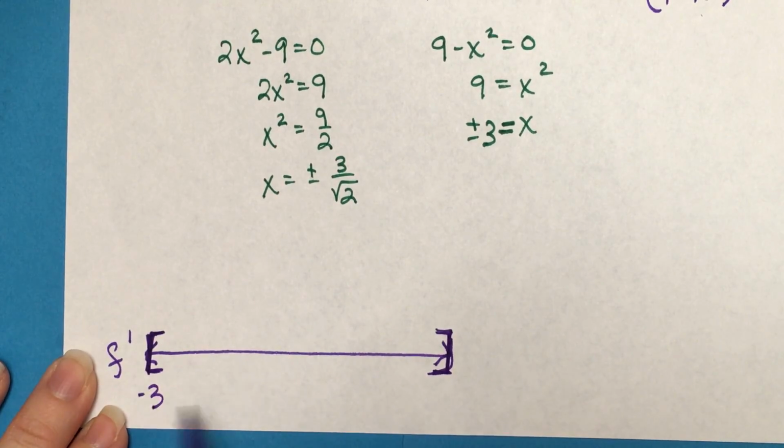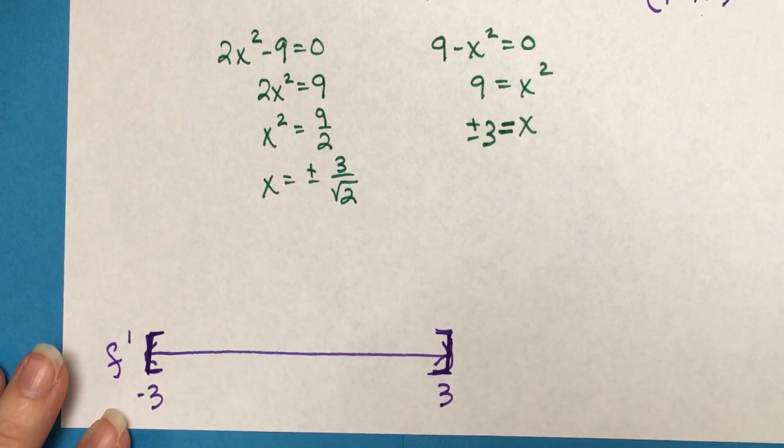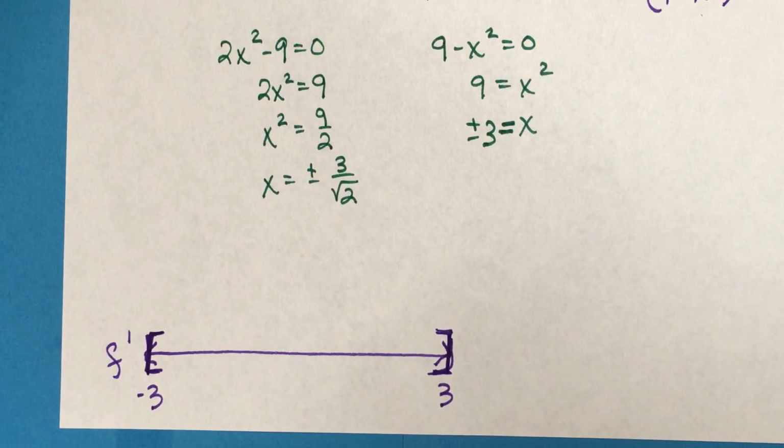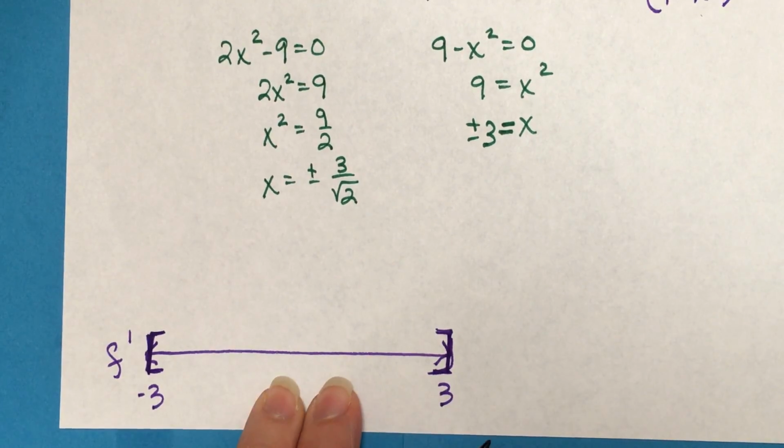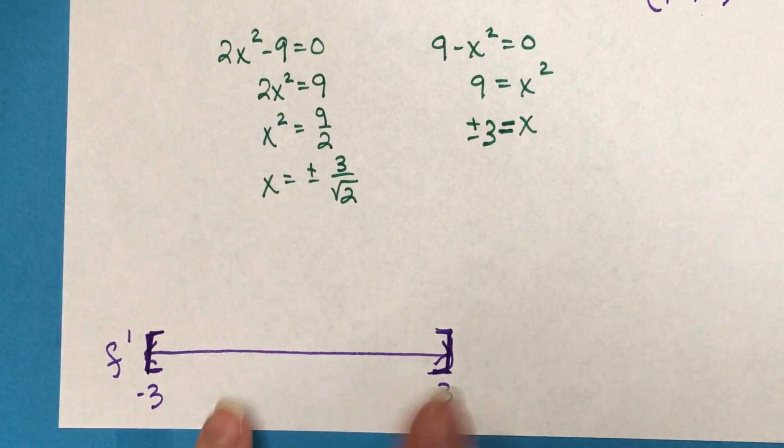So here's your -3, here's your +3, and as far as the 3 over square root 2, 3 divided by square root 2 is approximately 2.1. So that would fall within this interval. Both of these numbers would fall within here.